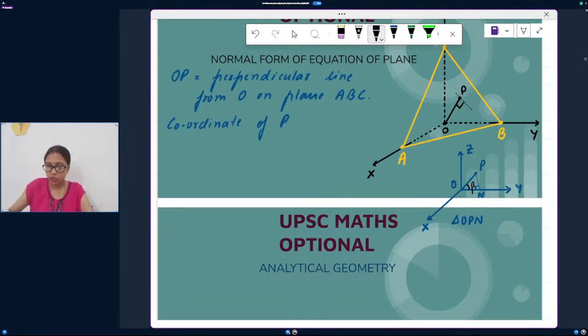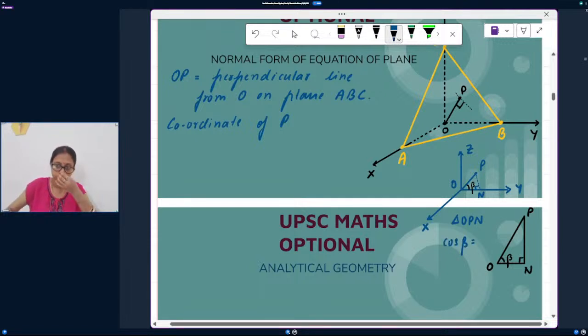So basically, I'm dealing with a triangle where this is P point, this is O point, this is N point, this is perpendicular, this is beta. Can we talk about cos beta from here? So cos beta would be equals to, okay, one more thing.